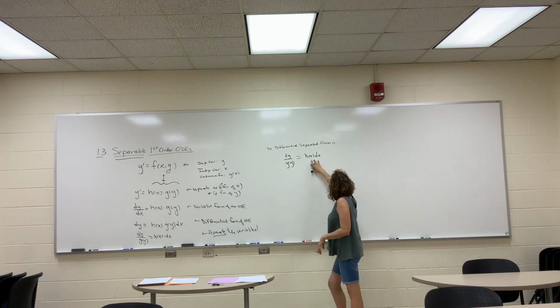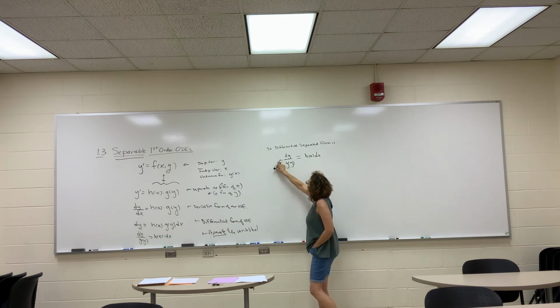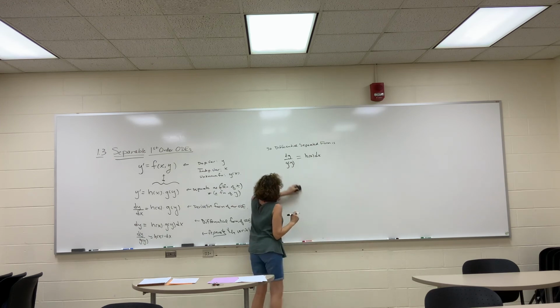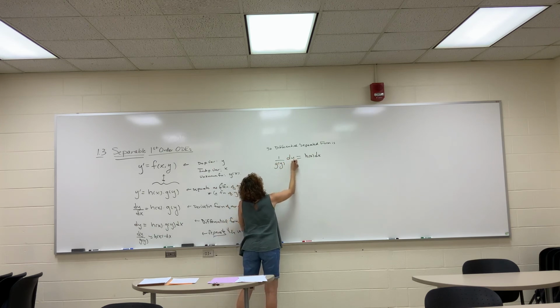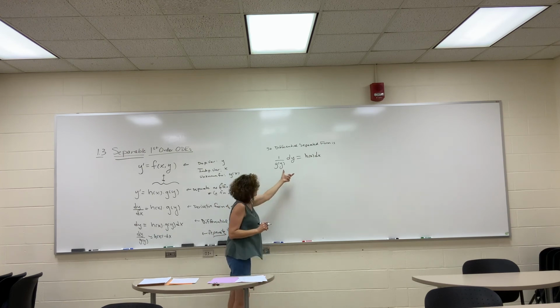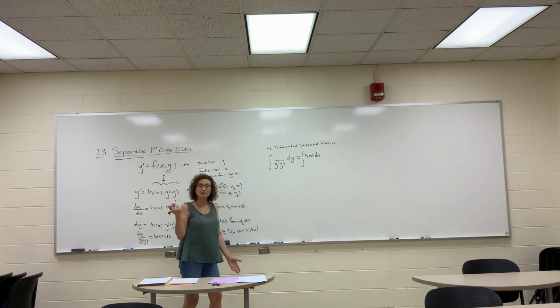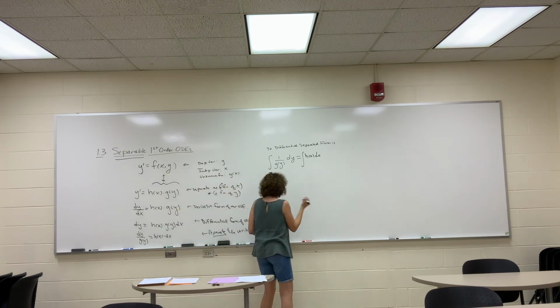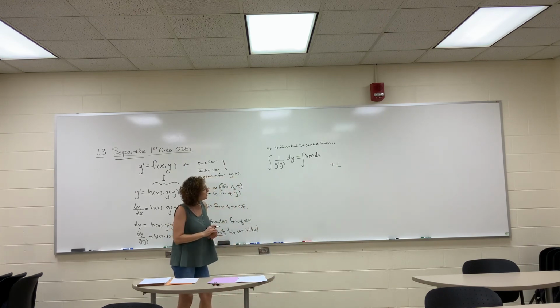Now, this is some function h, and we're talking about h with respect to changes in x, and this is the same as 1 over g of y, so let's write it that way. 1 over g of y dy. So these guys themselves are each separately integrable, integrating this guy with respect to y and integrating this guy with respect to x, right? And then I'll get a plus c that I can throw on to the end after my integrations, and then I'll have a relationship between y's and x's.